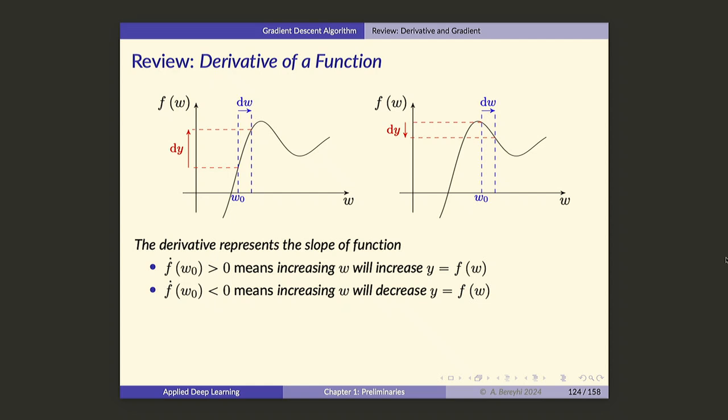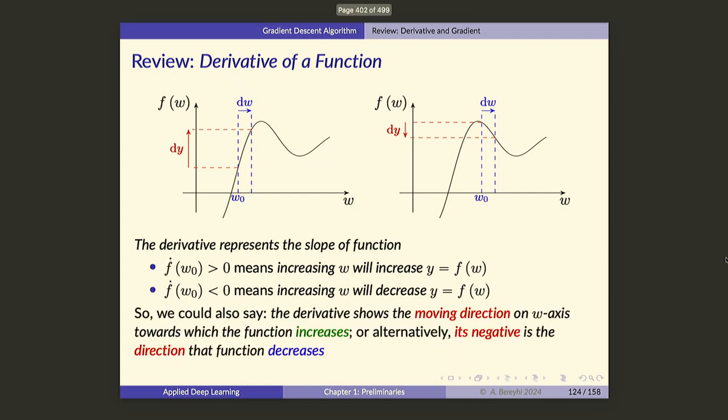Again, if I go in the direction of the derivative, which is now this direction, the function is going to increase. If I go in this direction, the function is going to decrease, yeah? So all the time, if I go in the direction of my derivative, I am going to increase my function. And if I go in the negative direction of my derivative, I'm going to decrease my function. So the first guess you could say is that the update should be proportional to the minus derivative of the function, right?